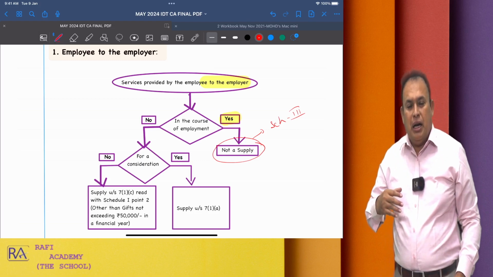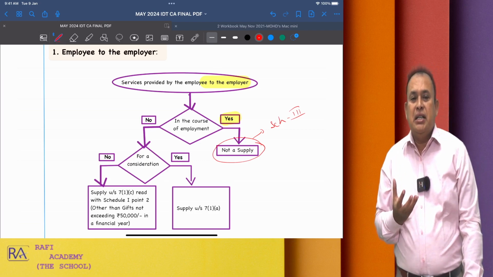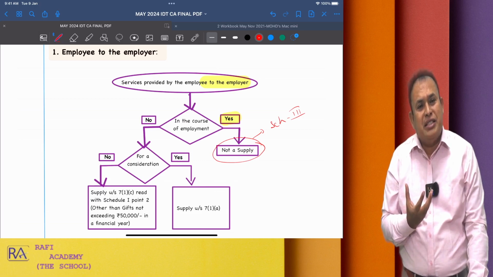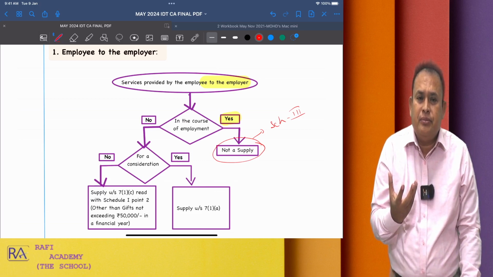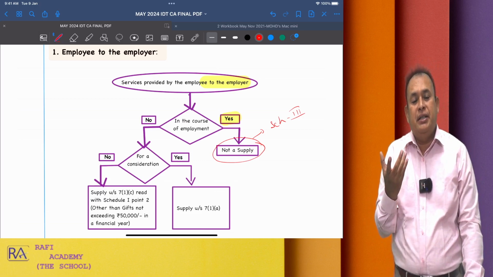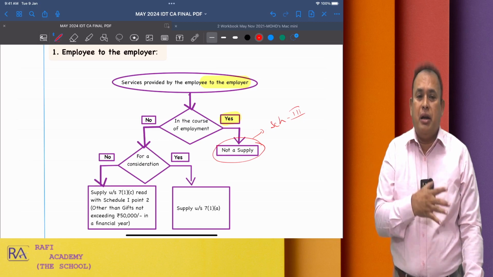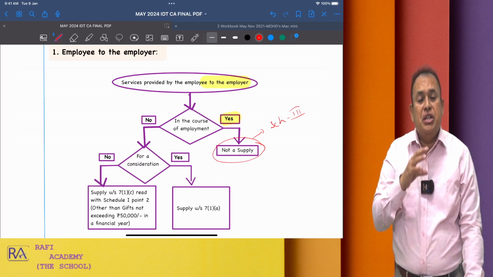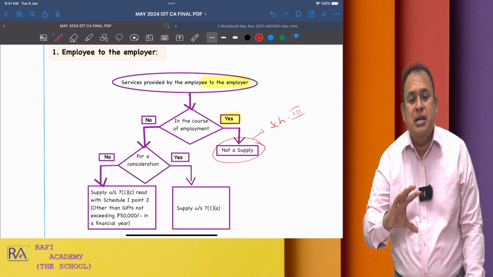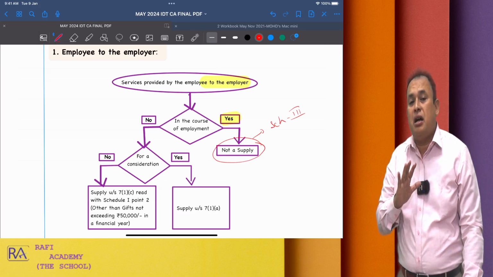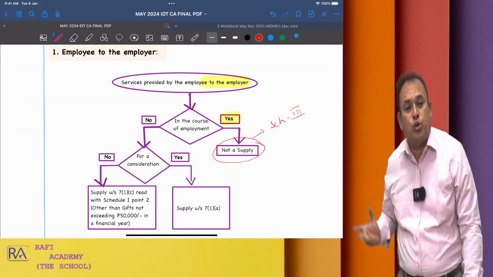So, I mean to say that you have to see the transaction: an employee providing services to their employer. Services are provided; in that case, is it in the course of employment or not? If it is not in the course of employment, such supply may attract GST, and does not come under the category of supply exclusion.